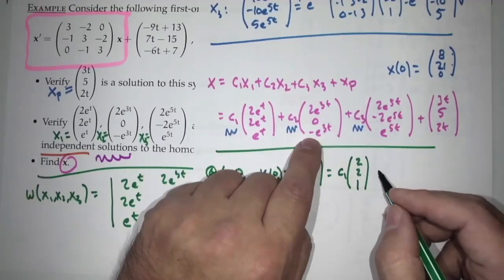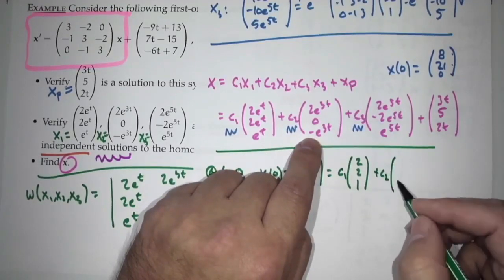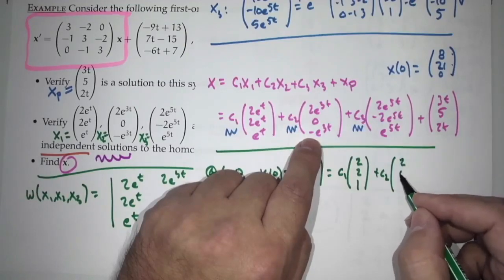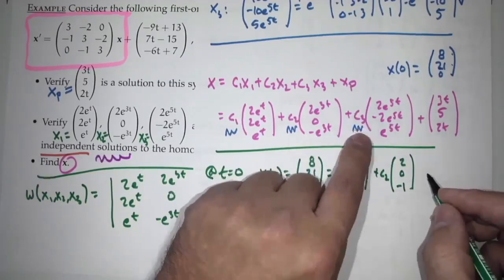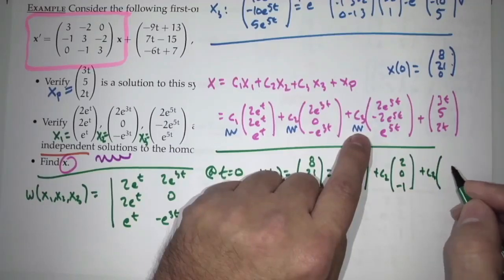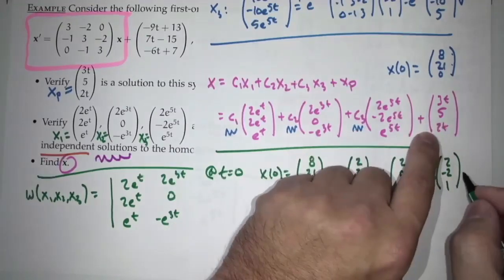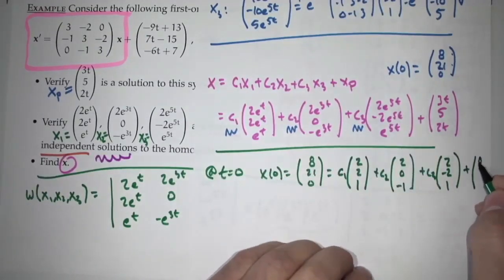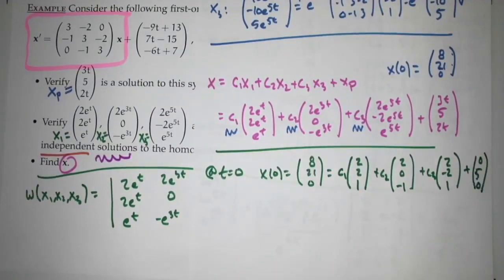What happens when we plug it into our second function? 2, 0, minus 1. Into our third function? 2, minus 2, 1. Into this particular function? 0, 5, 0. All right. Now, this part may not look so clear what to do. But we're going to rewrite this a little bit and say, okay, that's slightly less unclear what to do.